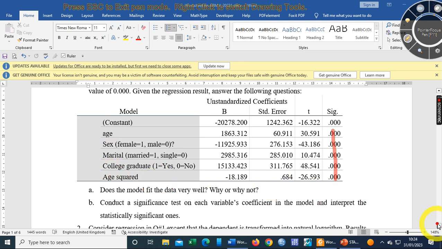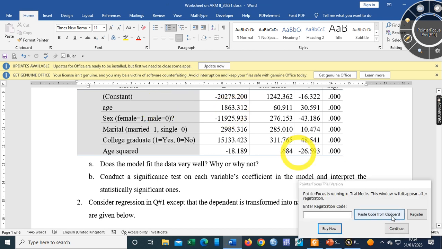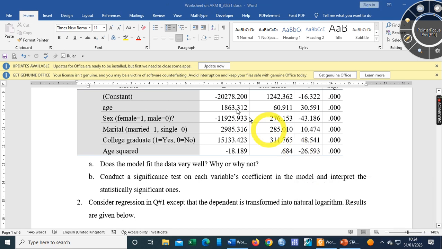When we come back to its interpretation, particularly let's start with age. Age is statistically significant, and its coefficient is 1863.312.